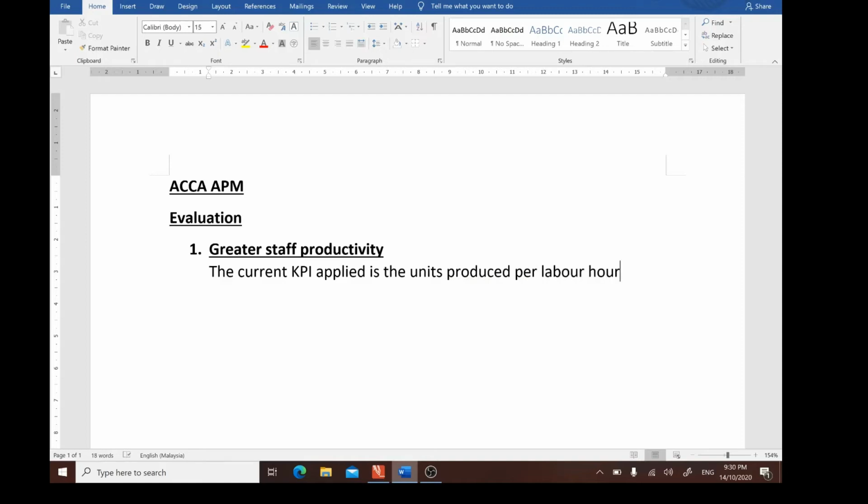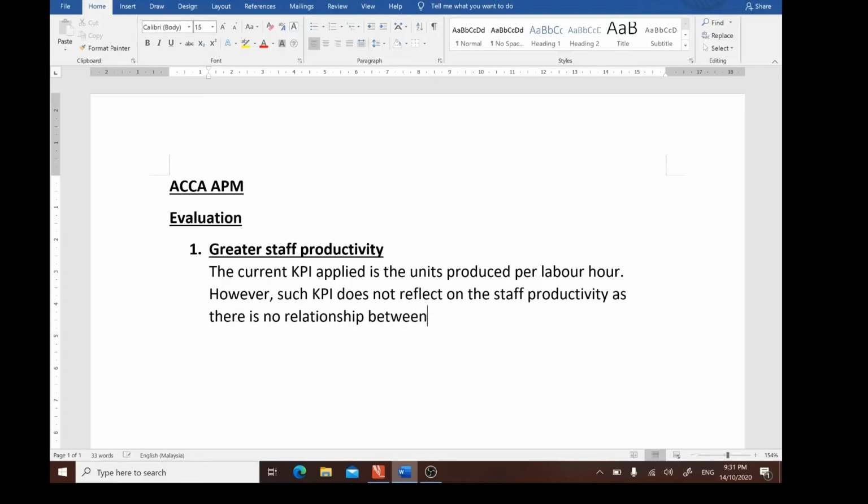However, such KPI does not reflect the staff productivity. Can you see that? As there is no relationship between the input and the output. Can you see that?